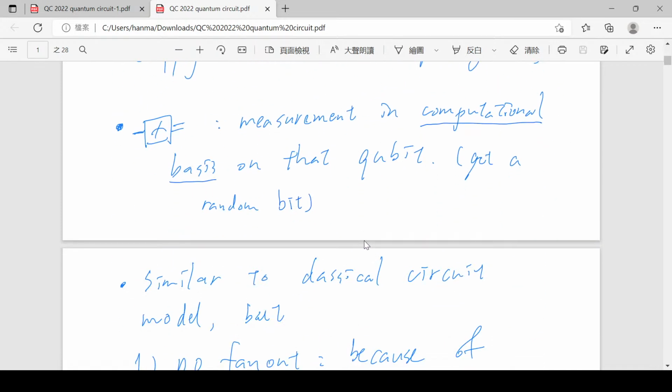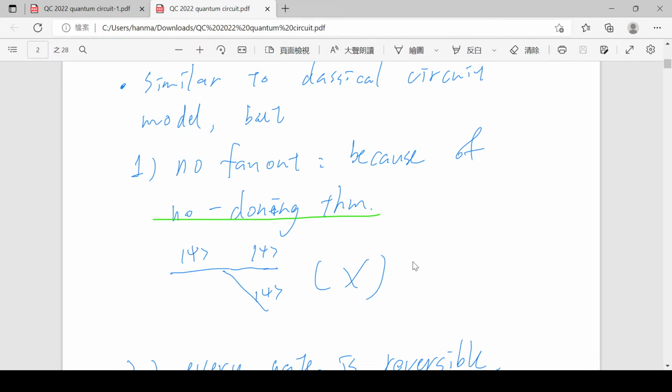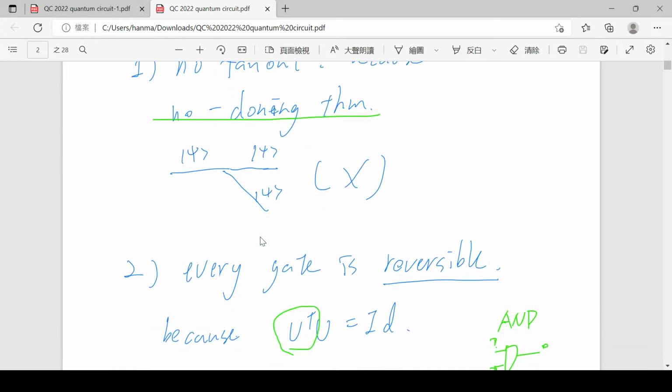And then there are two extra things a quantum circuit needs to obey. First, a quantum circuit cannot have fan out because there is no cloning. So you cannot have one wire split into two wires that carry the same information, because that's just not possible information theoretically.